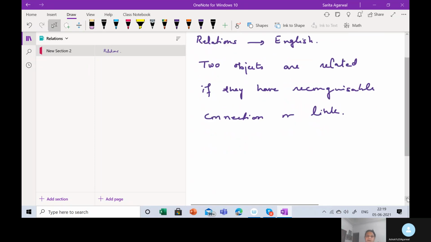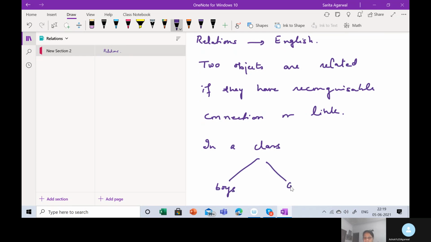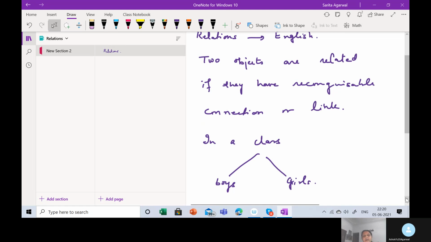In normal English, it means if in a class we have boys and girls, right? So the class is a set in which we have boys and girls.